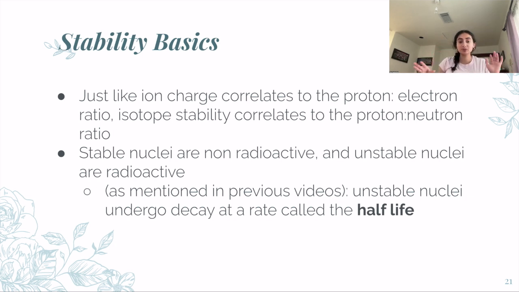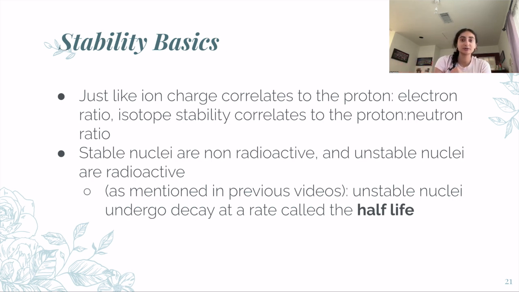So isotope stability correlates to the proton to neutron ratio. But it will become a little bit more advanced than that, as I will talk about in the following slides. But it's similar to how ion charge correlates to the proton to electron ratio. Stable nuclei are non-radioactive and unstable nuclei are radioactive, which we've seen.